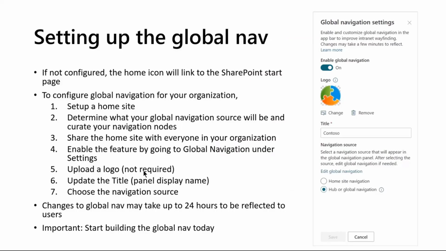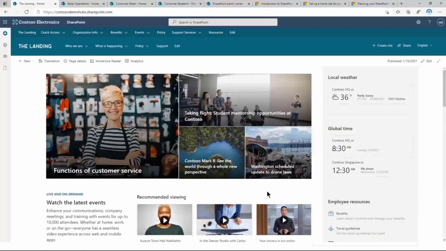So let's talk about setting up the global nav. I know this is a wall of text, but I'm actually going to demo this. The first important thing, and let me switch over to the demo, is that the global nav is actually set up on the home site. The home site is a feature we shipped. It allows you to basically set a site as your main intranet landing page.